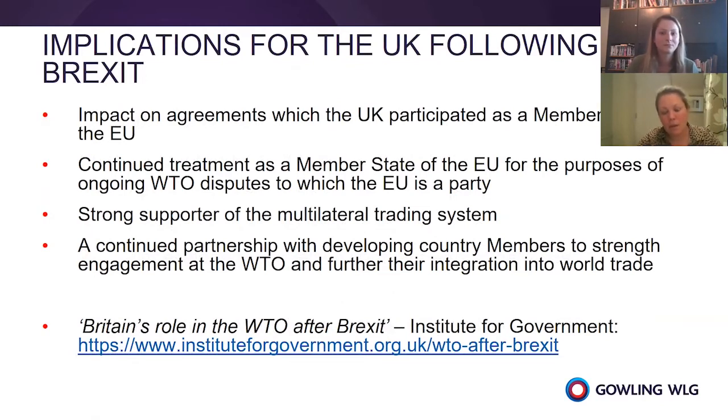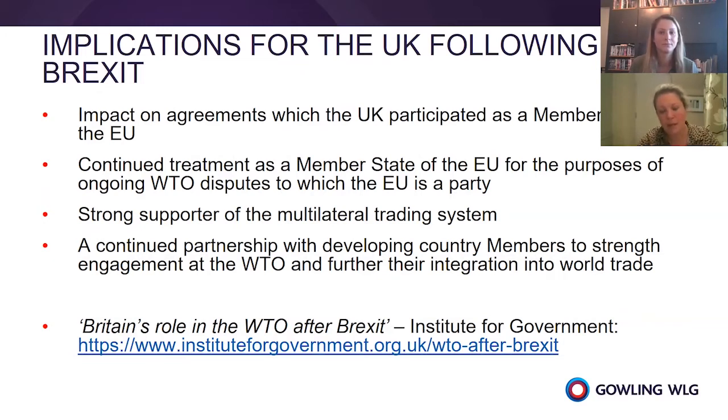So, over the last 3 years, there's been a lot of discussion about what a no-deal Brexit means for the UK, and that's often been referred to as a WTO, MFN, third-party Brexit. There's been lots of commentary in the press around what the implications are for the UK vis-a-vis its trade with other countries.